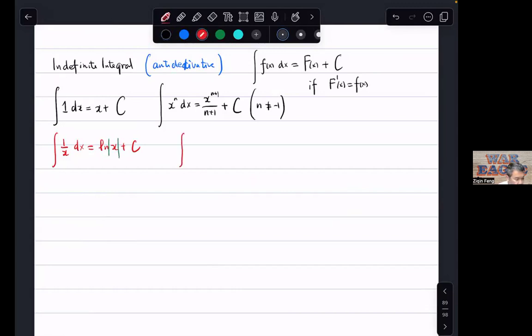Indefinite integral of trig functions: sine of x dx, by our discussion before, this is negative cosine of x plus c, whose derivative is sine. Integration of cosine of x dx, by our discussion before, this is sine of x plus c.